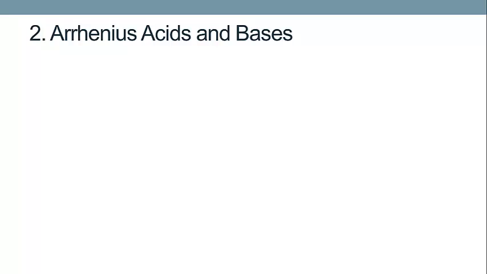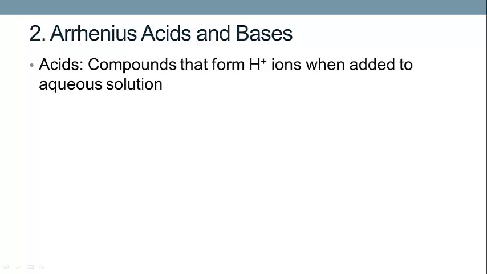Next question, what is an Arrhenius acid? What is an Arrhenius base? And provide examples of each. So according to the Arrhenius definition, an acid is a compound that forms H plus ions when added to water. So something like HCl or citric acid, those are going to yield H plus ions, just like our 2 examples in the previous questions.